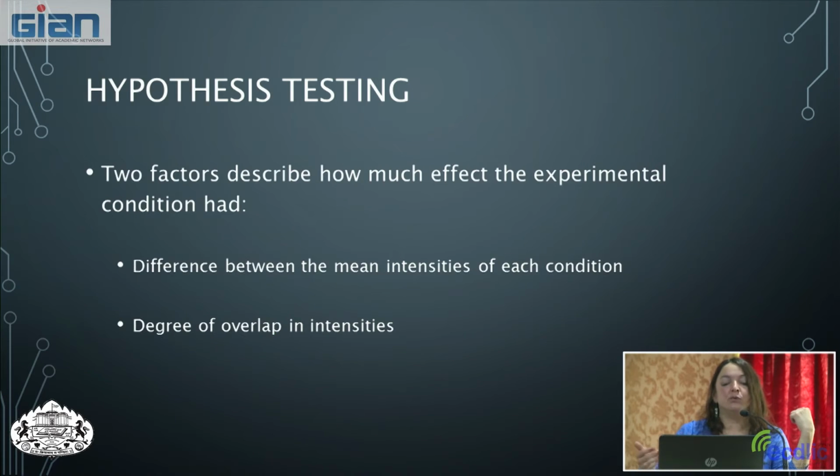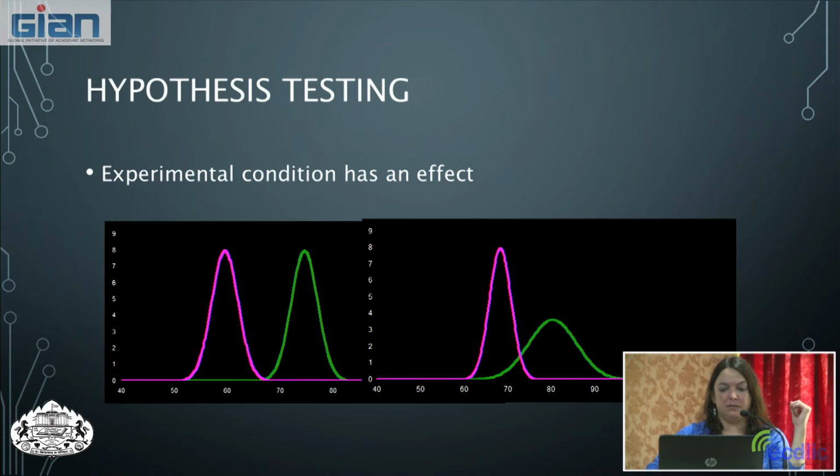Okay, so there's two factors in trying to determine how much effect the experiment had on what we see. This could be the differences in the means. These are the peaks or the means, so we could see how much difference there is in those and how much degree of overlap there is between those curves. So let's look at this again.